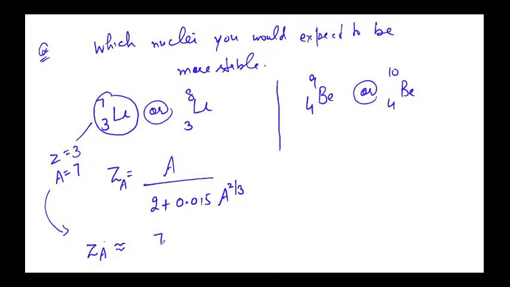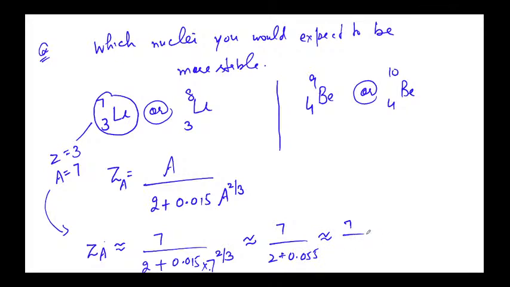A is 7 over 2 plus 0.015 times 7 to the power 2 by 3, so this comes out to be 7 over 2.055, which is 3.4. So the value of ZA that is coming is 3.4, and let us calculate for this.